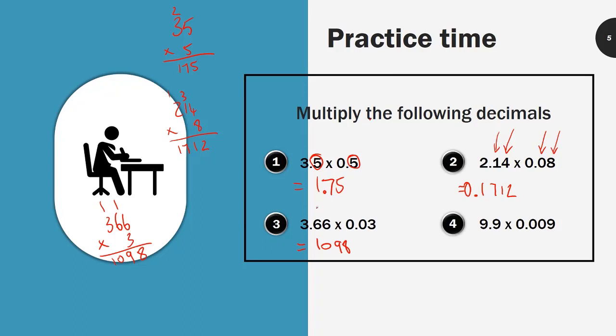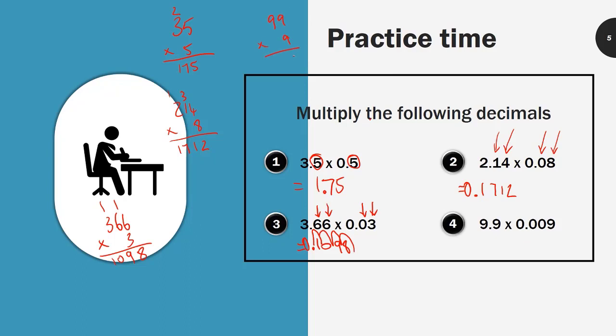And I have 1, 2, 3, 4 decimal places. So once again, if I count all the way from over here, I go 1, 2, 3, 4. That's where my decimal point needs to go. So my answer would be 0.1098.